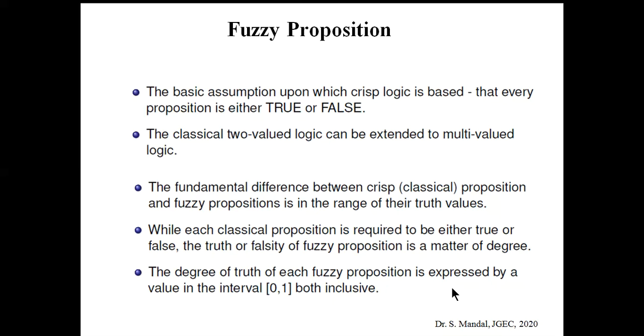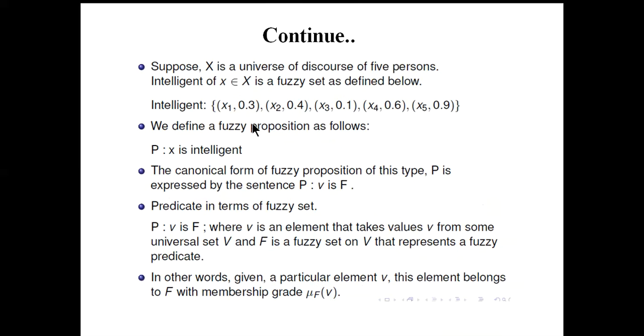While each classical proposition is required to be either true or false, the truth or falsity of a fuzzy proposition is a matter of degree, similar to the membership value. The degree of truth of each proposition is expressed by a value in the interval [0, 1], both inclusive. That means for a fuzzy proposition, the truth value is given between 0 and 1.